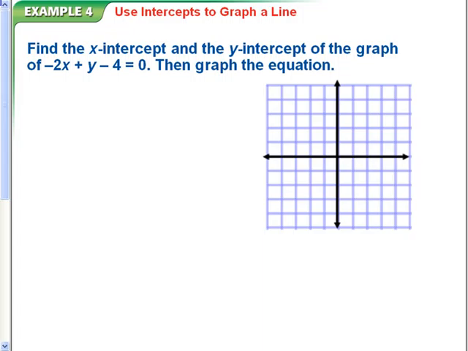And the reason that we like to use standard form is because it makes it really easy to graph an equation. So let's start by putting this equation into standard form. So I would need to add 4 to both sides.